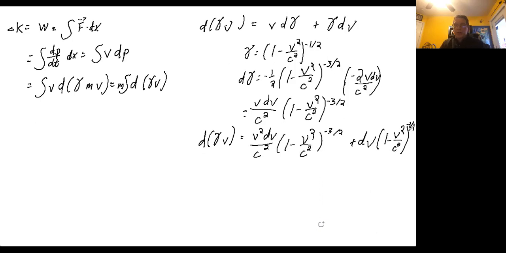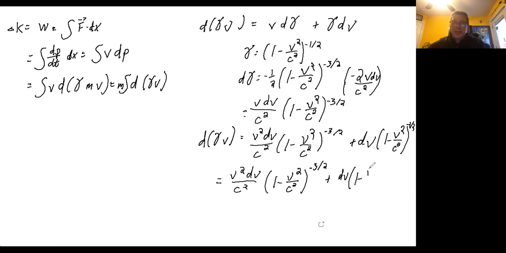So taking this further, you can write this as v squared dv over c squared, 1 minus v squared over c squared to the negative 3/2, plus dv times 1 minus v squared over c squared times 1 minus v squared over c squared to the negative 3/2. So doing a little bit of creative algebra.